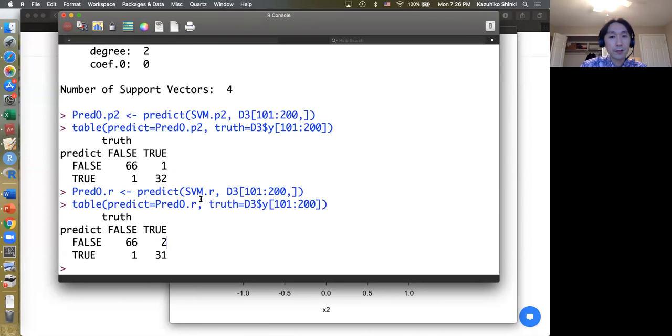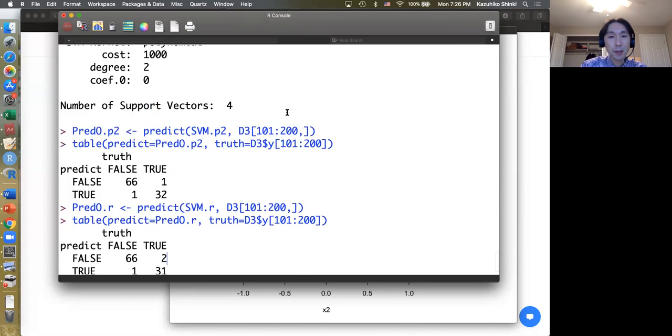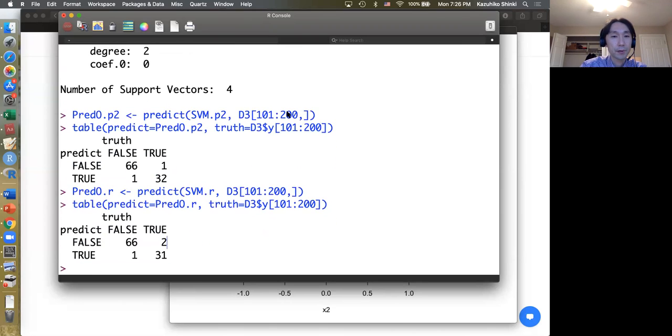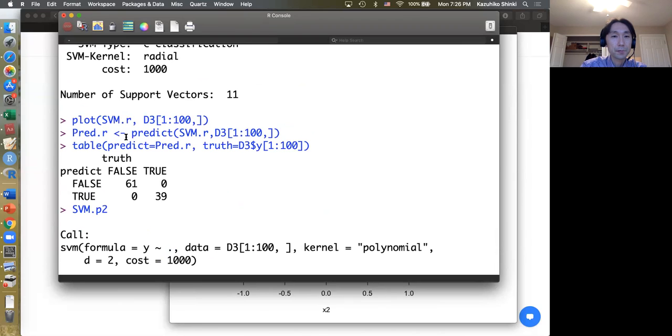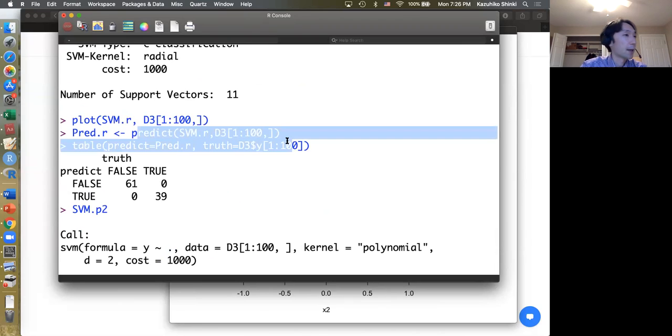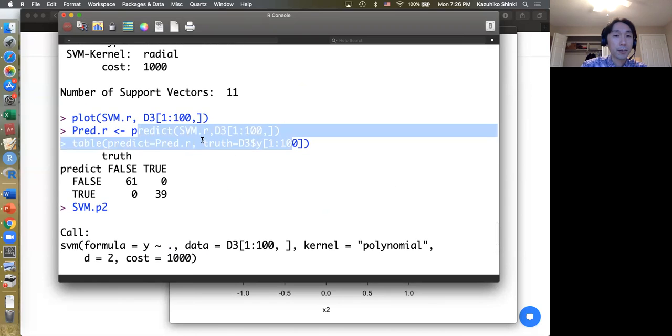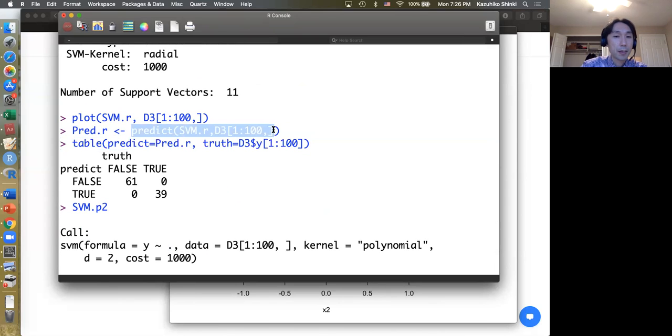But in general, the radial basis function works pretty well. And if you optimize some parameters, the radial basis function has one parameter, gamma, so you can adjust that gamma, and also you can adjust the cost function. Then potentially it can do better.